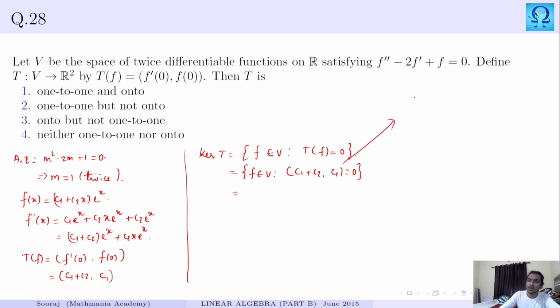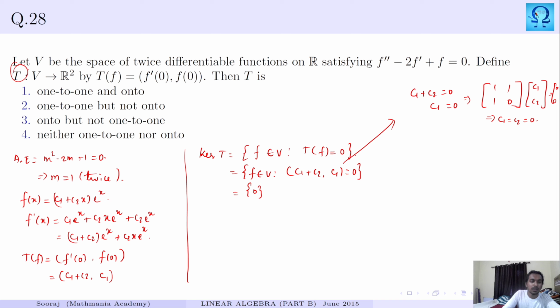From this, what I am going to get is c1 plus c2 is 0 and c1 is 0. Okay, so if you put it in matrix form, this matrix has rank 2. Hence, the homogeneous system has a unique solution, that is c1 and c2 are 0. So you are getting your kernel to be equal to 0.